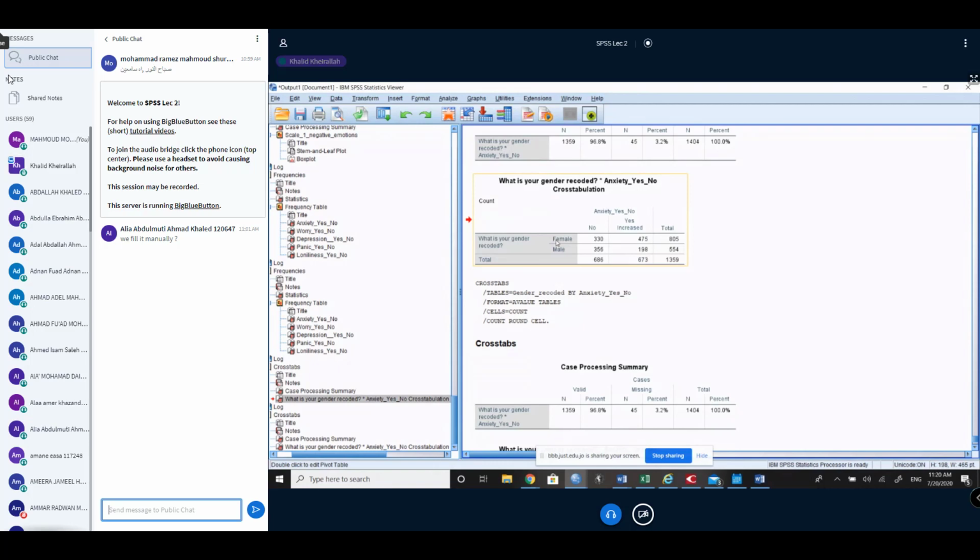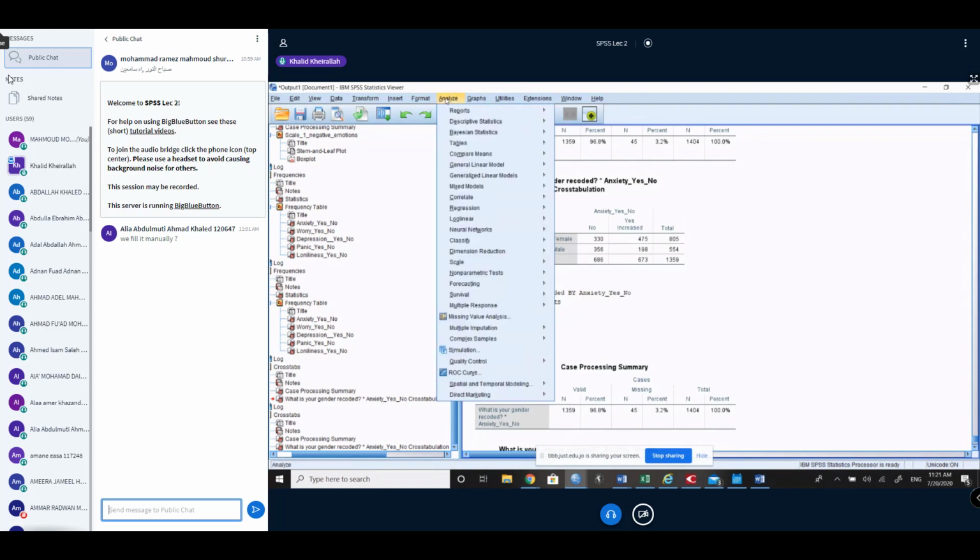So the percent that needs to be added is percent for each row. Females represent a row, males represent a row, so we need to add a percent for each row separately, where females are 100% and males are 100%.